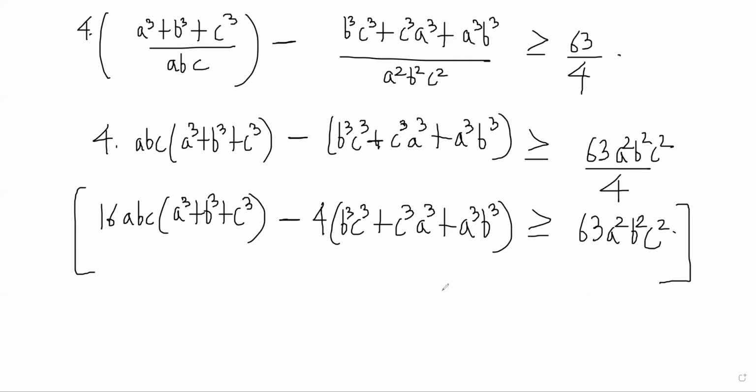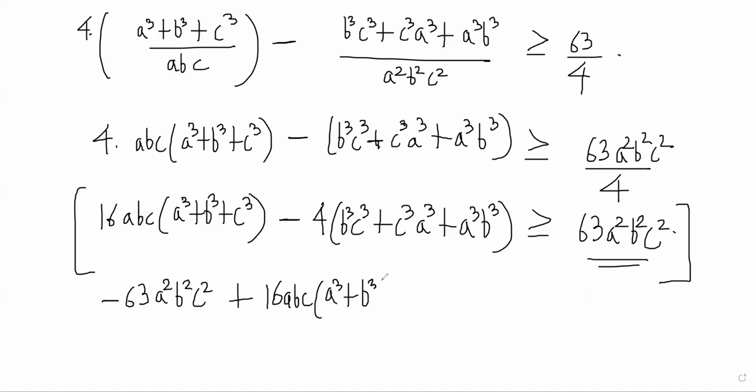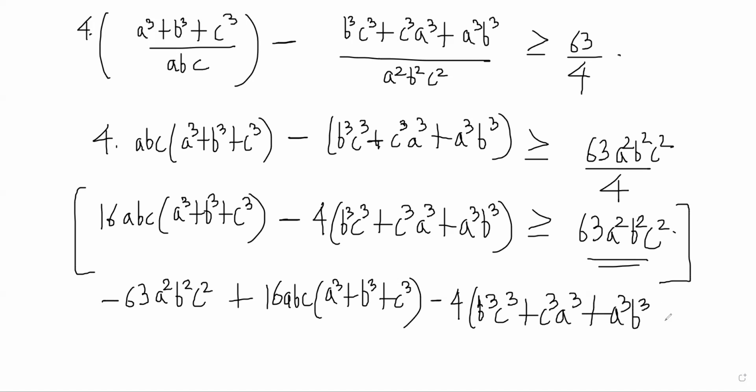Now you will realize that if I bring this negative thing on this side, I will get minus 63 a squared b squared c squared plus 16 abc (a cube plus b cube plus c cube) minus 4 (b cube c cube plus c cube a cube plus a cube b cube) is greater than or equal to 0.